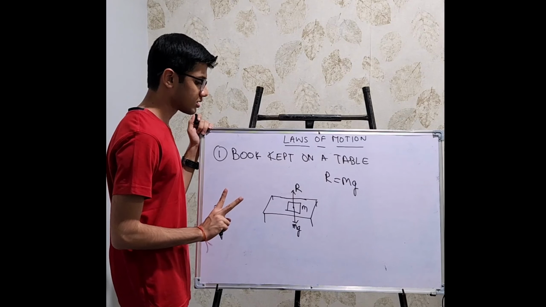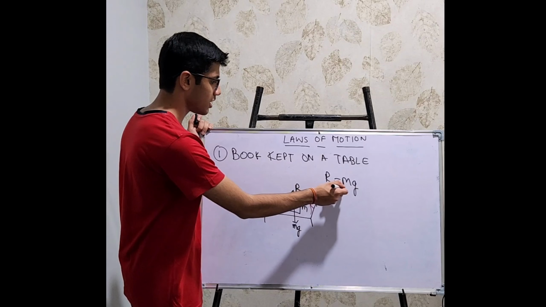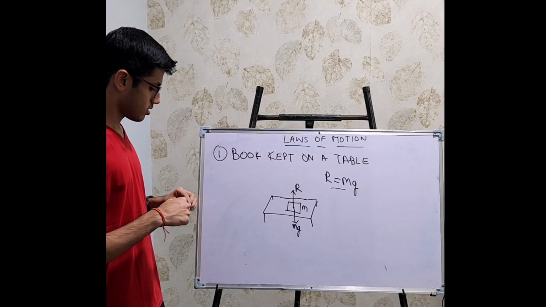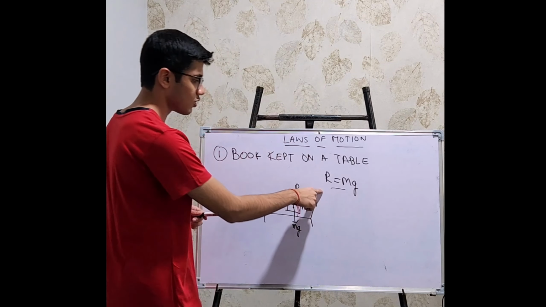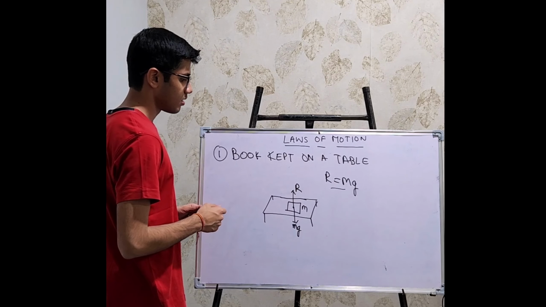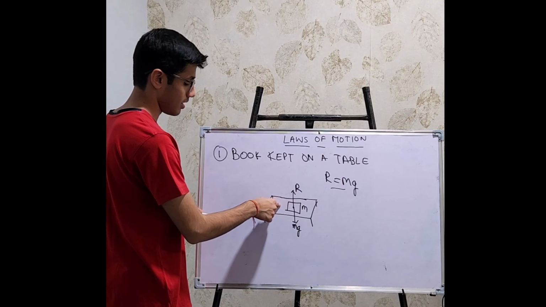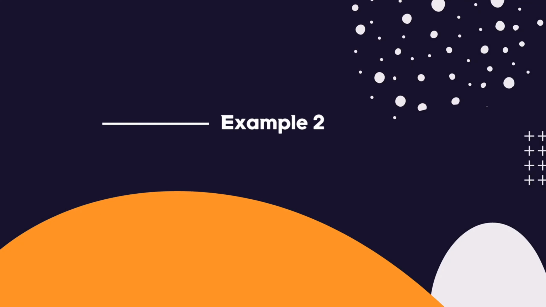So there are two forces involved here, and since these two forces are equal, the book is always kept on a table. So these are action-reaction forces. R is the normal reaction, and it's exerted by the table on the book.